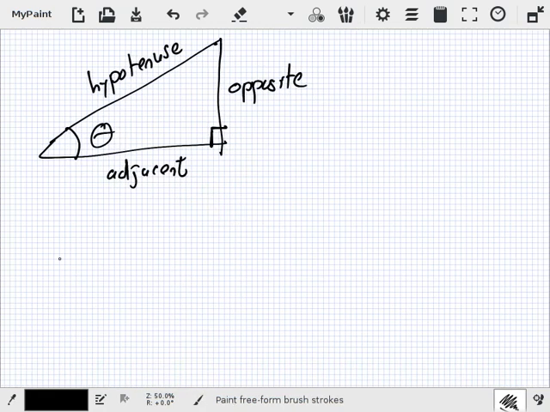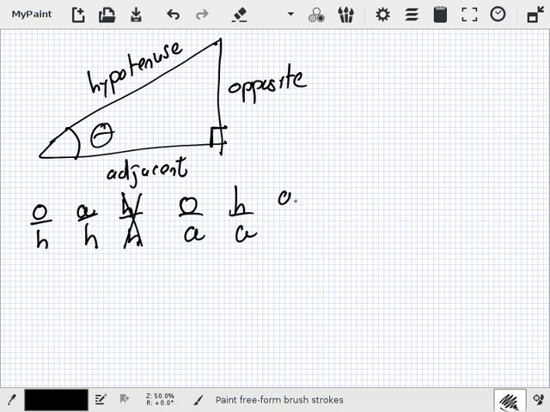So for example, you could compare the opposite to the hypotenuse, the adjacent to the hypotenuse, and the hypotenuse to the hypotenuse, which is obviously not a particularly useful one. You could also compare the opposite to the adjacent, the hypotenuse to the adjacent, and the adjacent to the adjacent, which again is a pointless one.